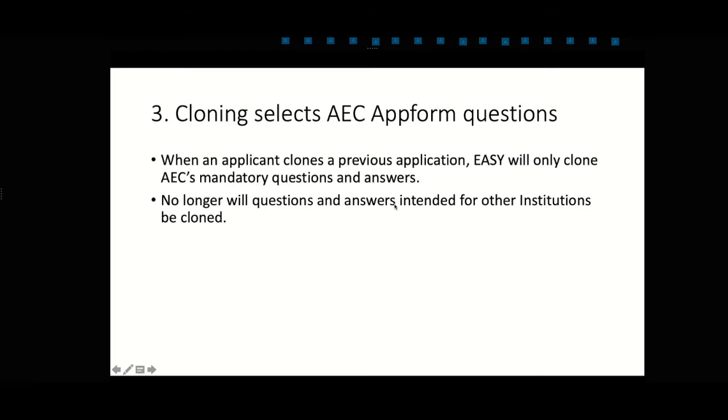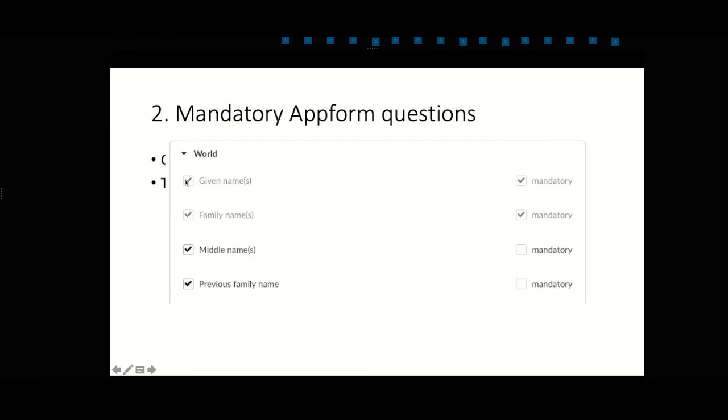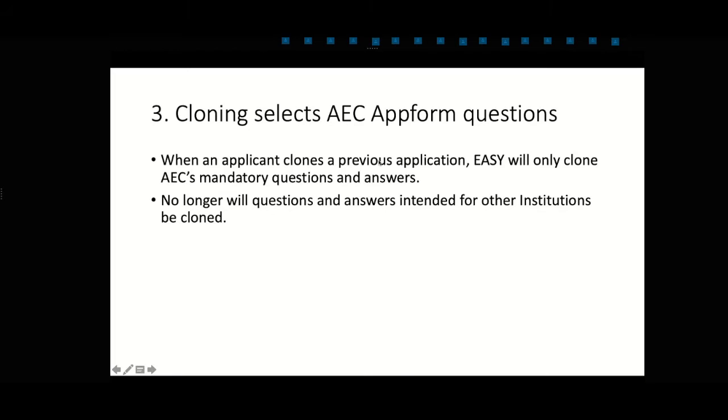Okay, moving forward. Number 3, cloning will only select the questions and answers from the list of the 15 questions that are required by the AEC. So basically, if you are an applicant and you create a new application and you complete it to submission, then you will have answered these 15 questions.